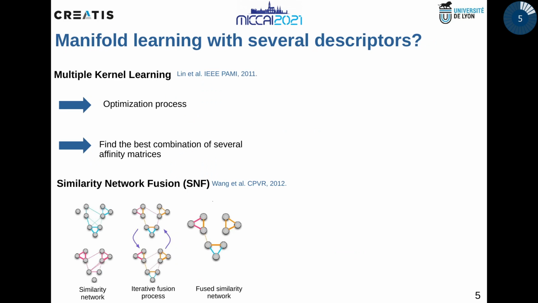One way of exploiting this image appearance is by doing fusion, so fusing several descriptors. Here, the segmentation and the images. We have two ways of doing this, which are multiple kernel learning, which is an optimization process to find the best combination of several affinity matrices, and similarity network fusion, which is an iterative fusion process to obtain a fused similarity network.